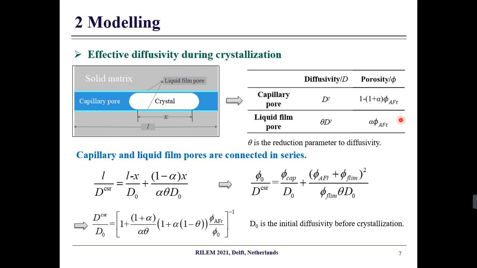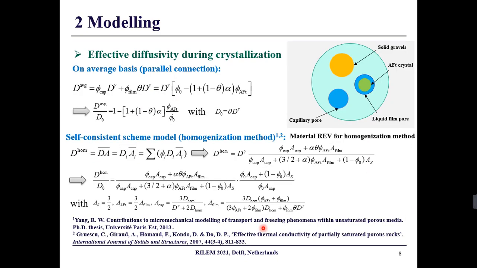We can say the diffusivity is inversely proportional to ettringite amount. In addition, we can also consider a parallel connection between capillary and filled pore. The ratio between effective and initial diffusivity is right. Just take an averaging operation.